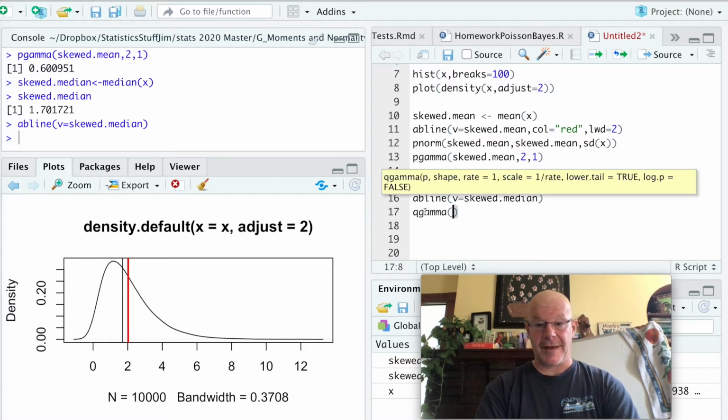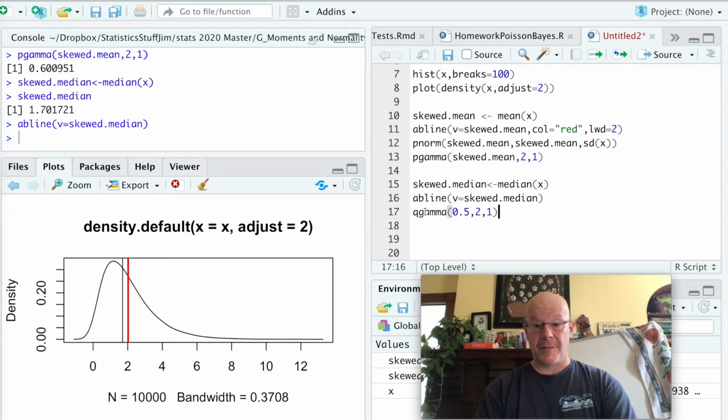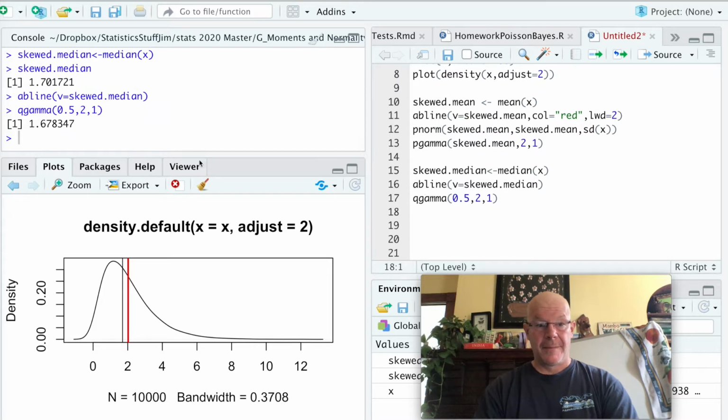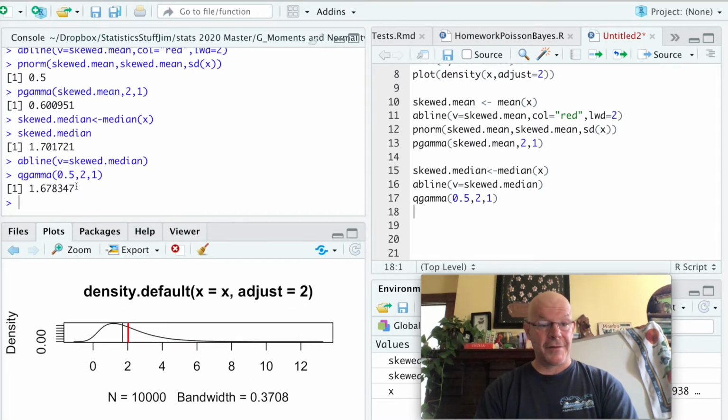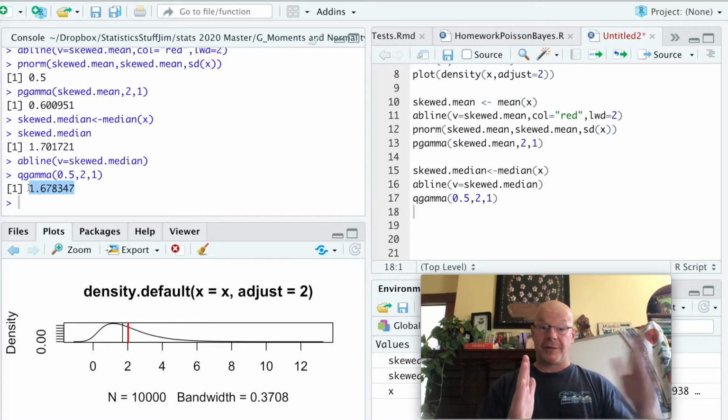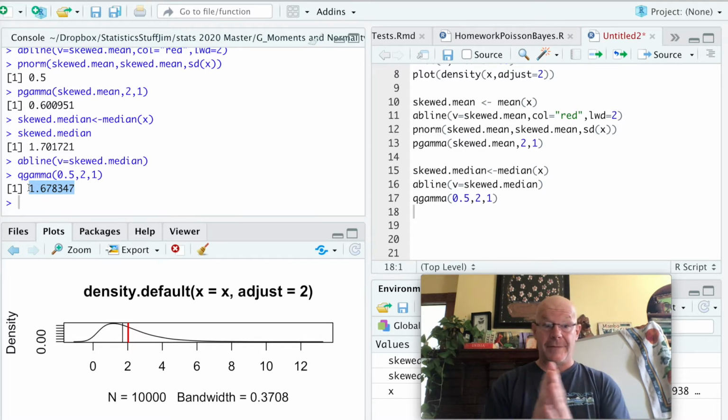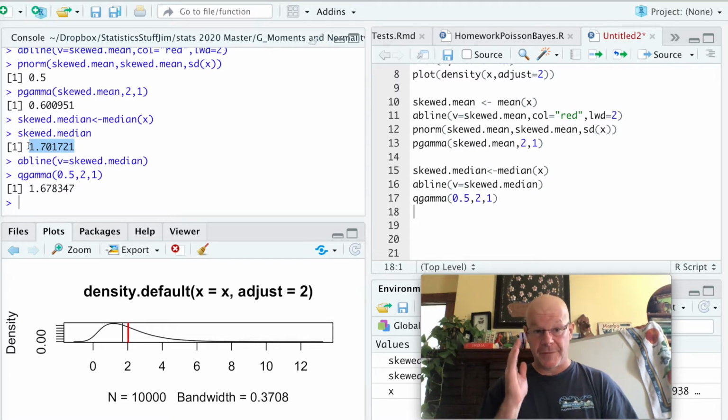So I can go back to my gamma distribution and ask for the quantile where I'm at 0.5, given those two other parameters in the gamma, which again, you don't have to worry about. But this is the value where actually 50% of the data is below and 50% of the data is greater. And here you can see the median actually did a pretty good job of describing that location of where you expect 50% of the data to be.